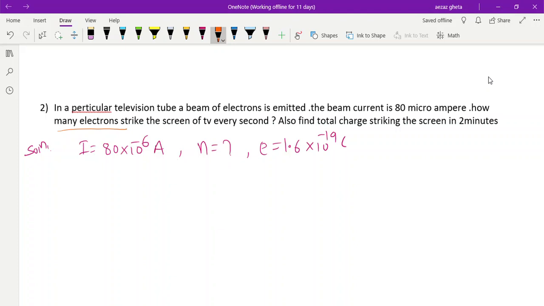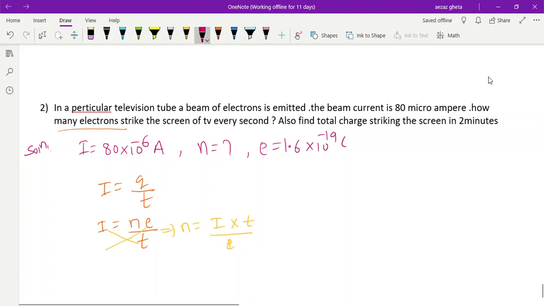You know the formula. I is equal to flow of charge in unit time. So I is equal to Q, you can write as N e divided by T. As you want to find N, you can cross multiply, so this e will come here. The formula becomes N is equal to I into T divided by e.